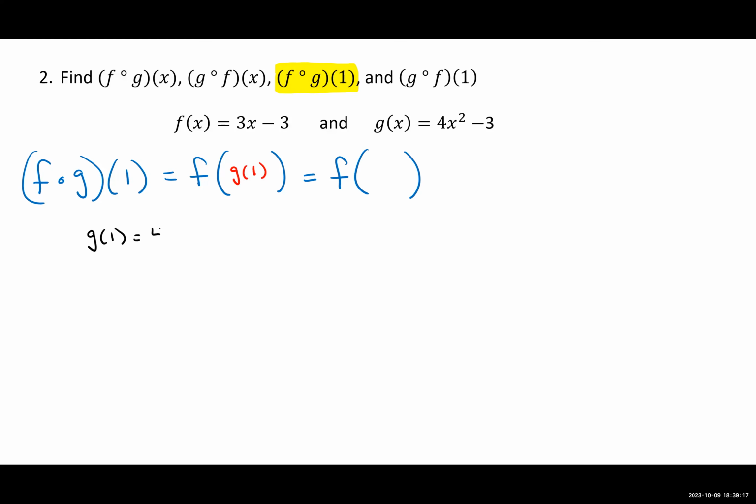G of 1 means instead of 4x squared minus 3, it's 4 times 1 squared minus 3, which is 4 times 1 minus 3, which is 4 minus 3, which is 1.